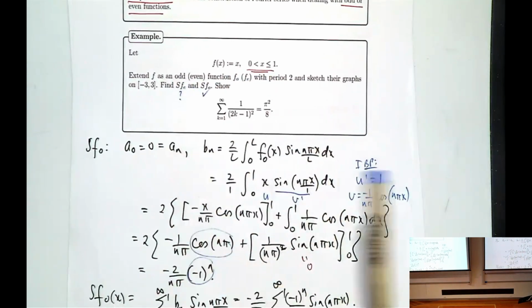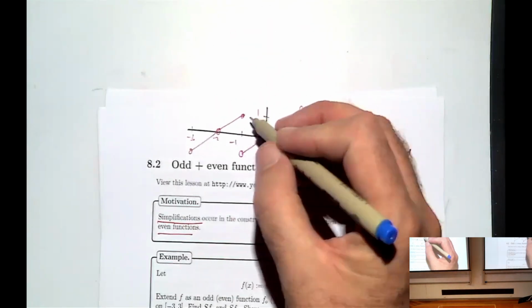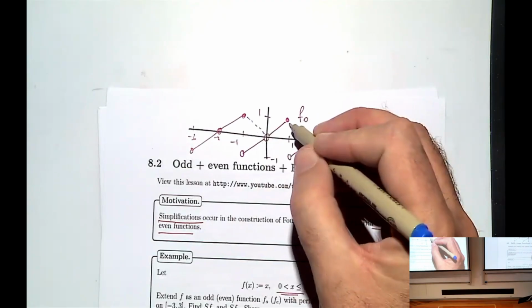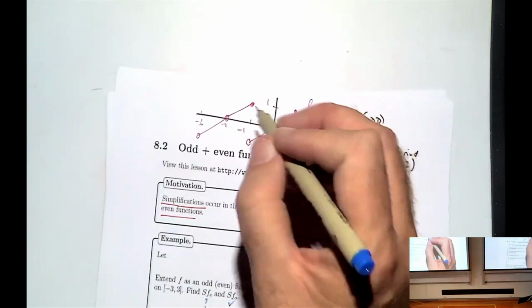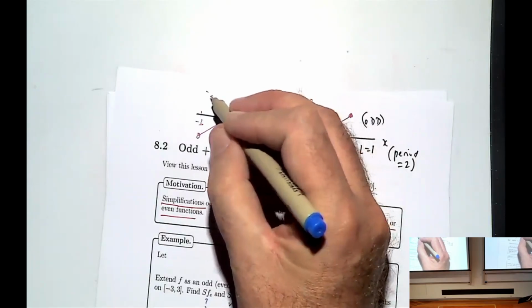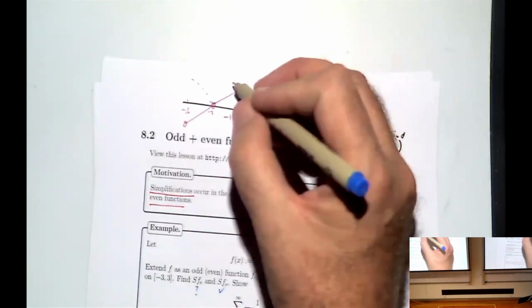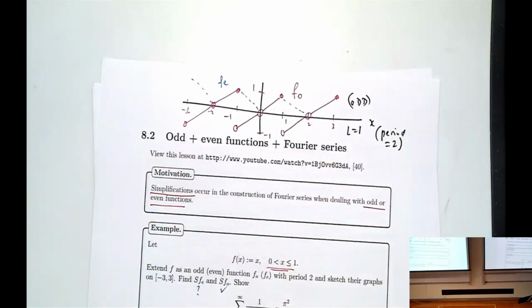So if you go through and do that, how would you extend your function? It would sort of be like that, right? So to be like that, okay? Yep. And so that's how you would extend it as an even function, okay?